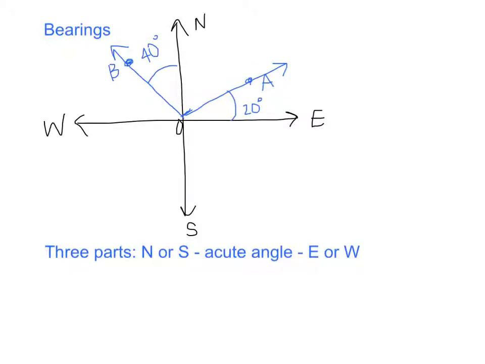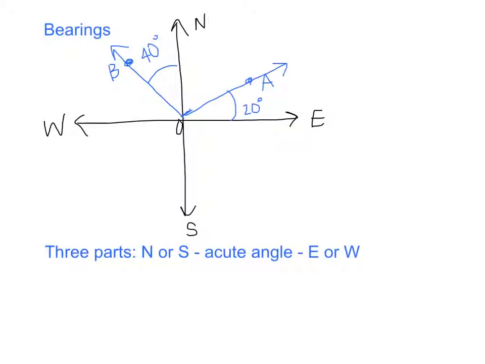And they'll say, for example, okay, for example 1, they want the bearing from O to B. So we look right here at O. From O to B, we're going to describe this line. So we need the acute angle between the ray OB and the north-south line, which is 40 degrees.